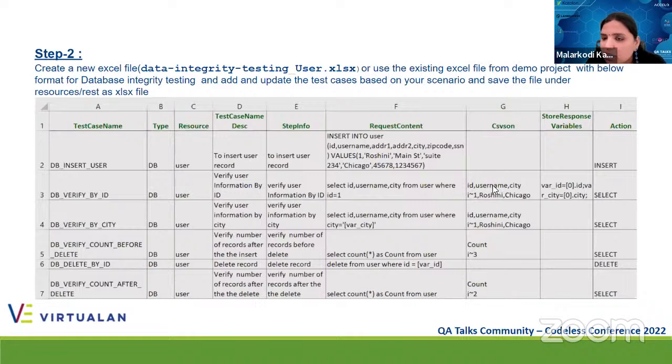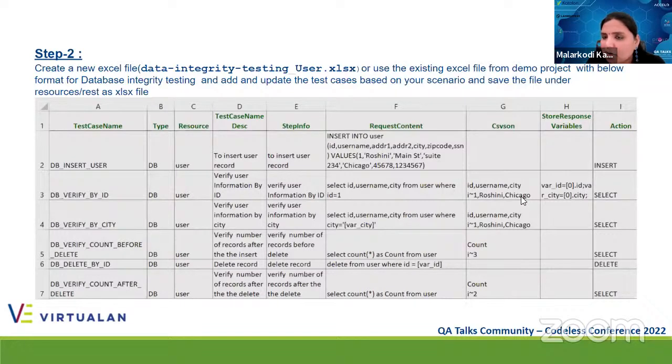Then next is the username, then city, just comma separated values. If I want to do 2 rows, I can have another value below I~1, Roshni, Chicago, and in that I will have my second row value. This is the CSV JSON, and it is very important.